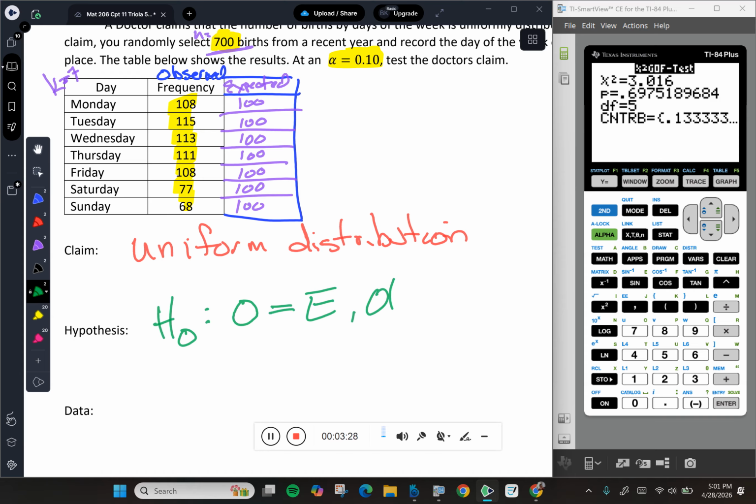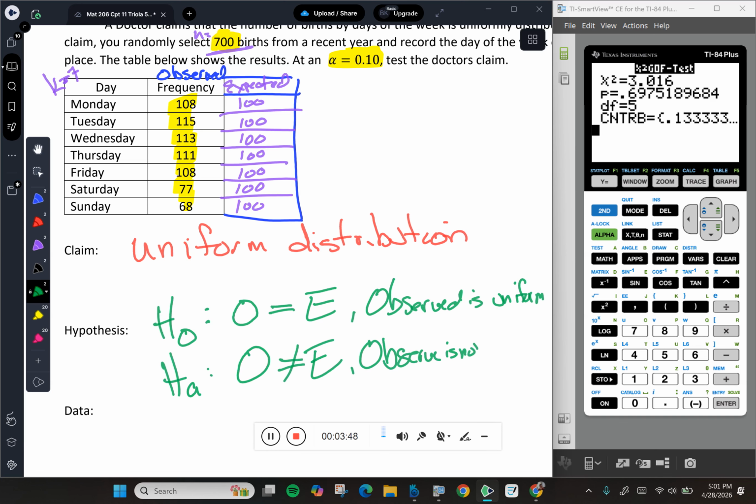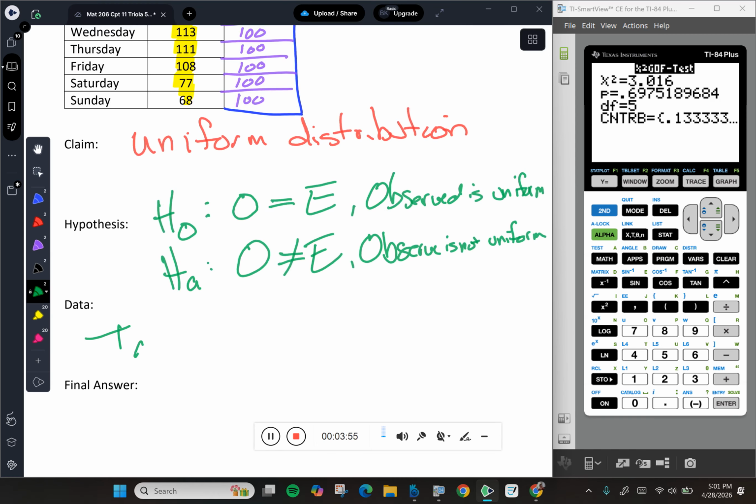If you want to write it out in words, my alternate hypothesis then is that the observed is not the expected, or the observed is not uniform. My data is the tables above, as well as an alpha level of 0.10.